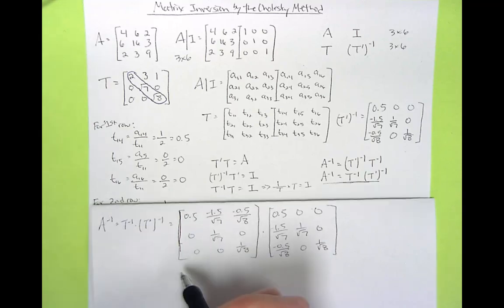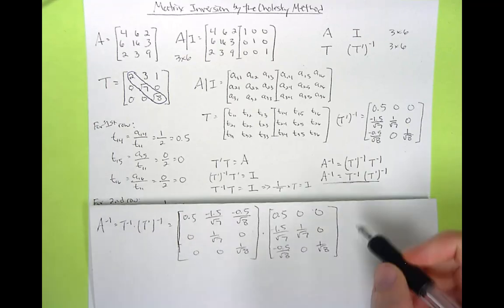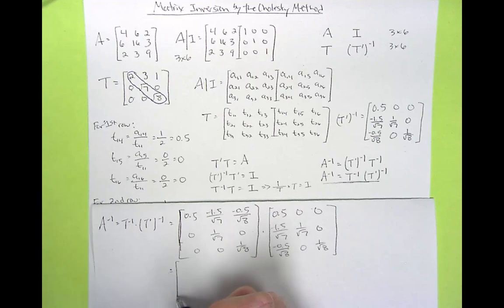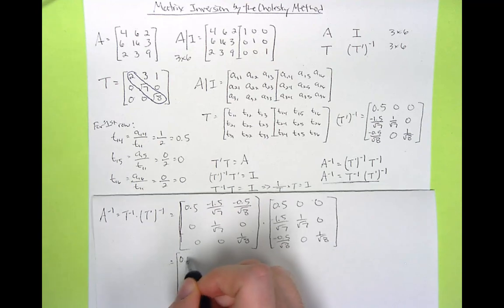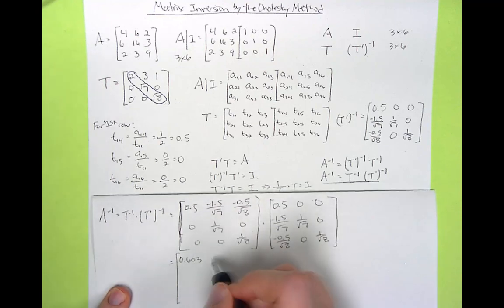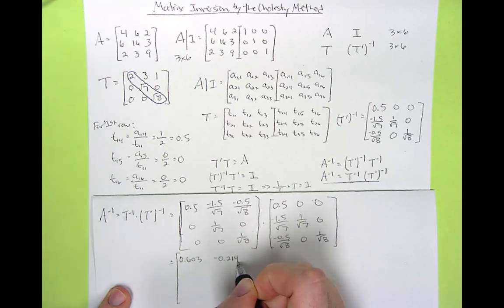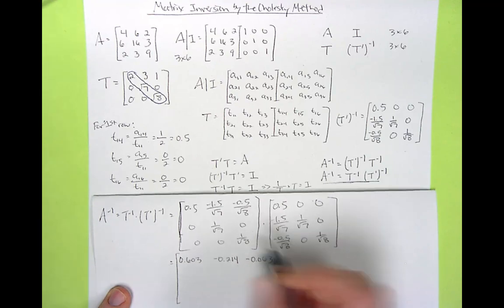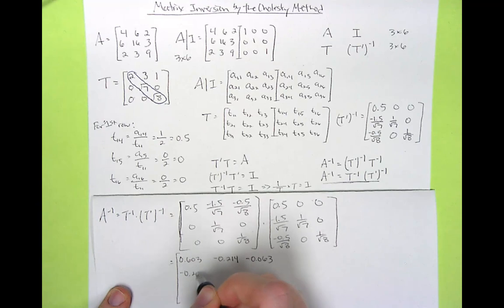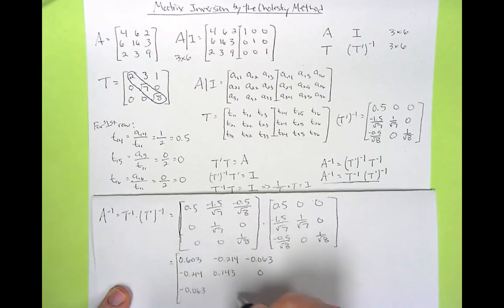And when we work this out, we do get the following values: 0.603, negative 0.214, negative 0.063, negative 0.214, 0.143, 0, negative 0.063, 0, 0.125.